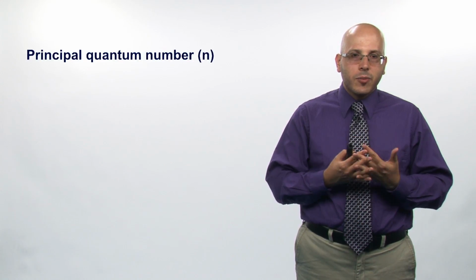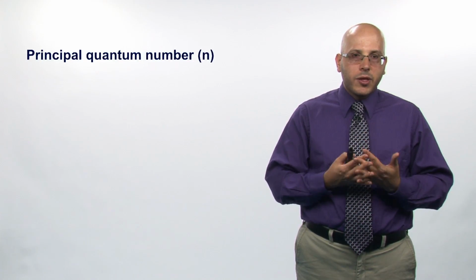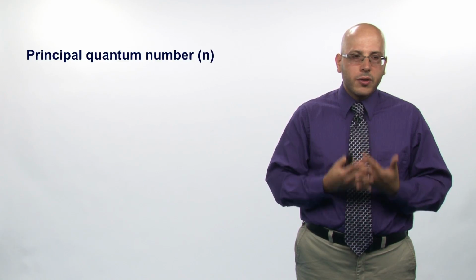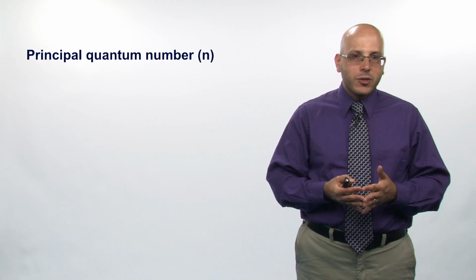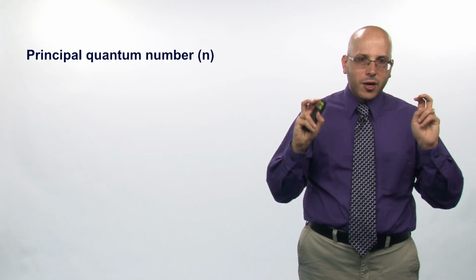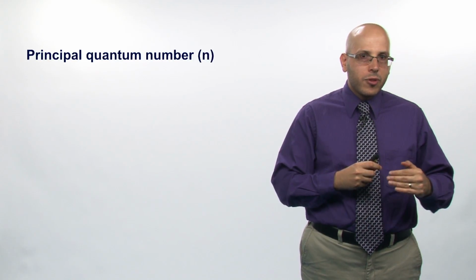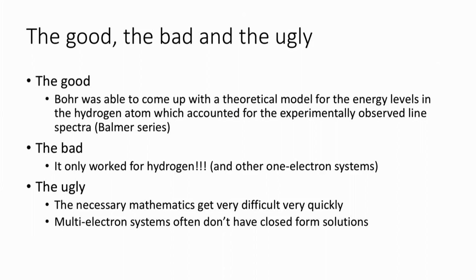Okay, it was able to describe everything that needed to be done for the data for hydrogen. Okay, but what I'm going to show you now is the good, the bad, and the ugly. Okay, the kind of truth about what was going on and why it didn't really work for anything other than the hydrogen atom.